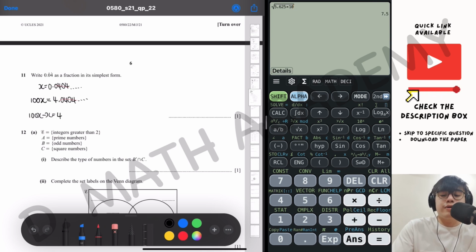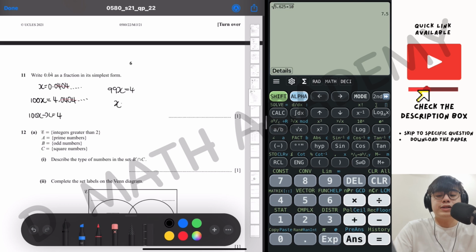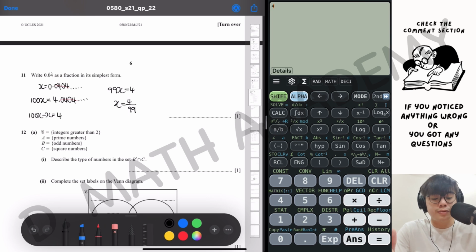So from this, you have 99x equals to 4, and to find your x in fraction form, it will be 4 over 99. So you can always key into the calculator to double check and see whether it is valid or can be further simplified or not. So for this, the answer will be 4 over 99.